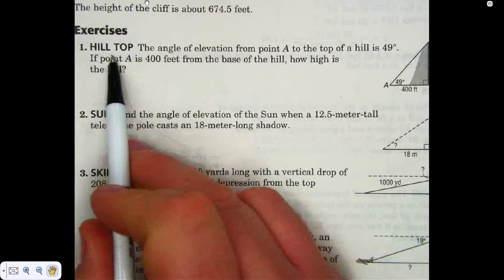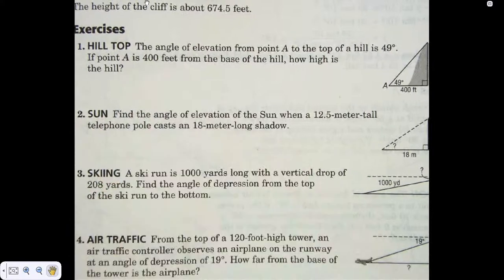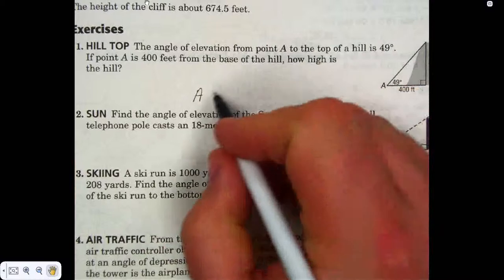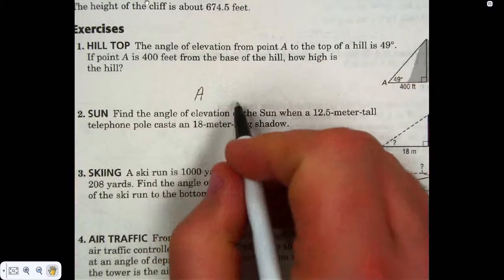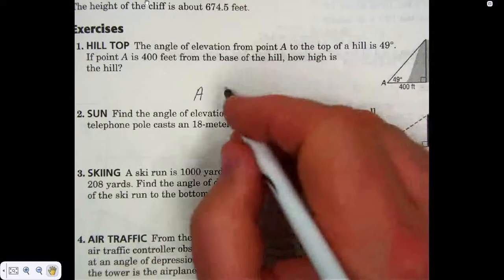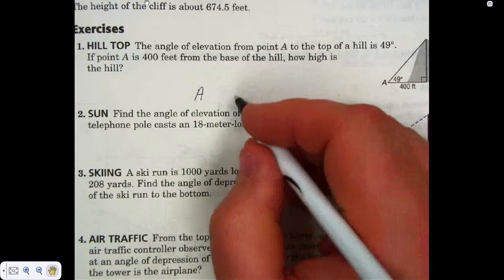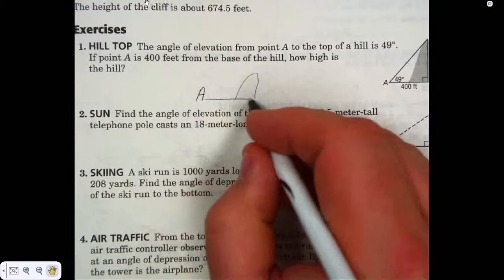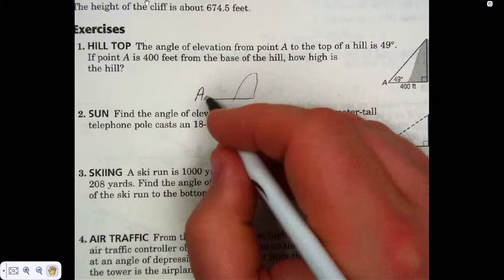So, number one, hilltop, the angle of elevation from point A, so we would have point A. It's elevation, so it's going up, to the top of a hill is 49 degrees. So you have this hill. You have the ground, correct?